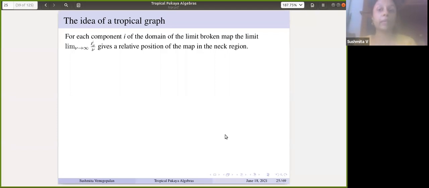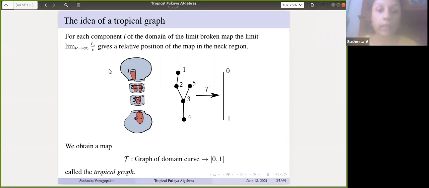So in the end, what we get is not just a map. In addition, for each component in the limit map, we also have a relative position in the neck region. And that relative position is given by the translation sequence via this formula: t_i nu divided by nu as nu goes to infinity.